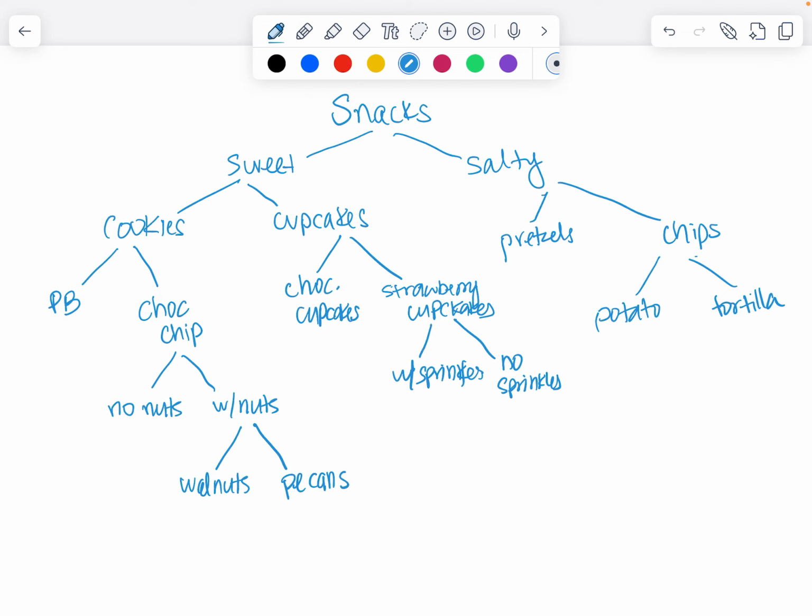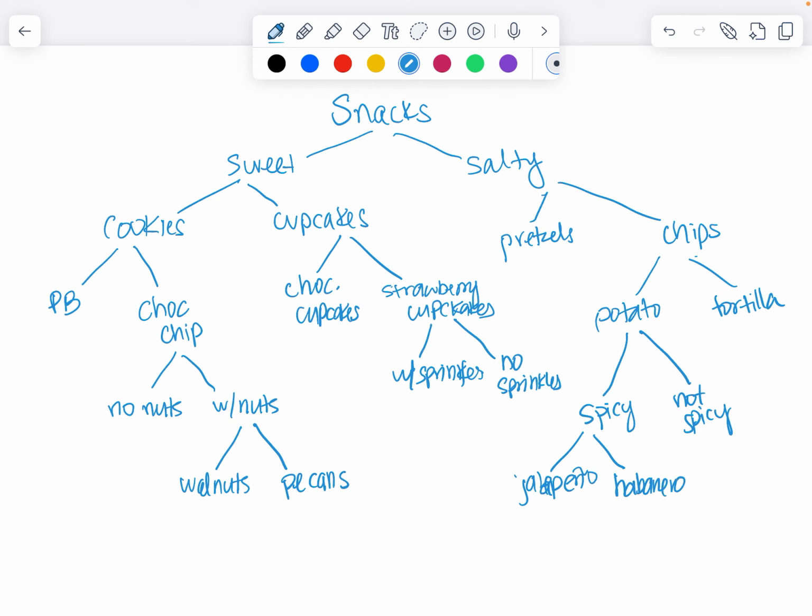There's different flavors, right? You could have some that are spicy, some that are not spicy. For example, I've seen potato chips that are jalapeno flavored, and some that are even habanero. Those might be a little spicier, right?